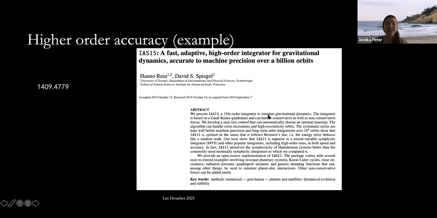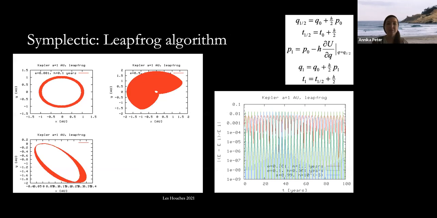And if you're interested in what that really means, I would recommend taking a look at this paper on that. Okay, but these geometric integrators, and especially this very simple leapfrog algorithm, are what is under the hood of all these simulation softwares.